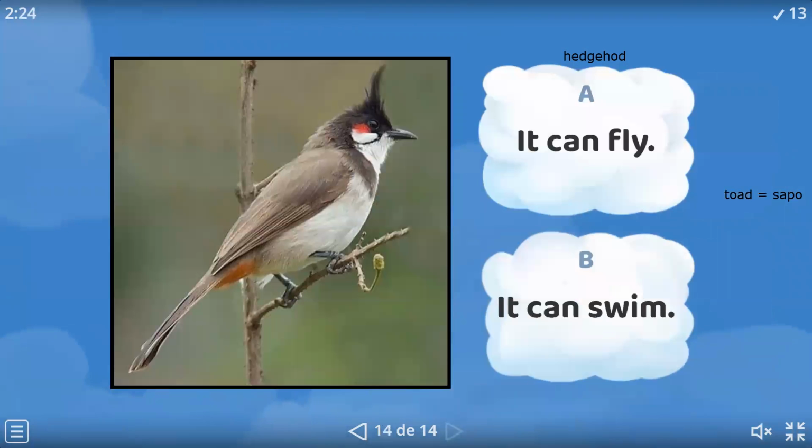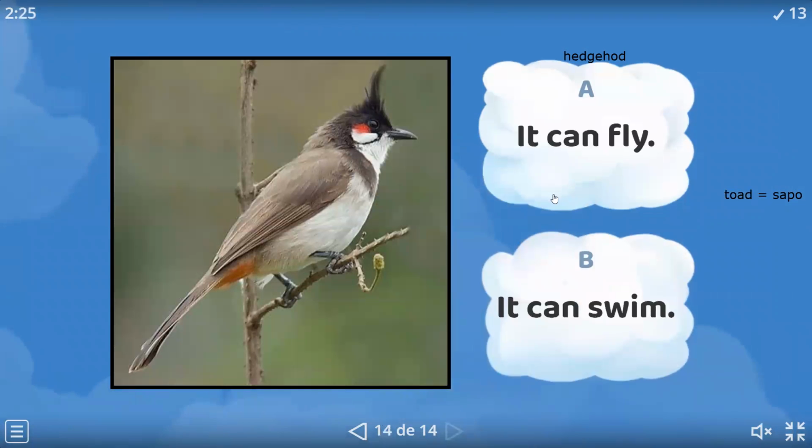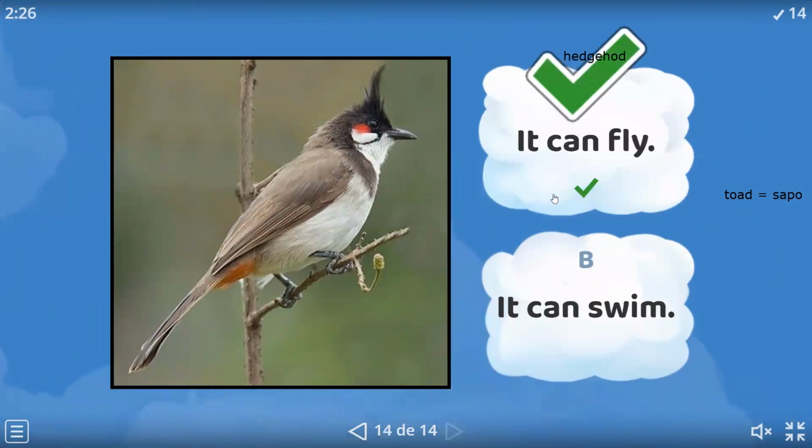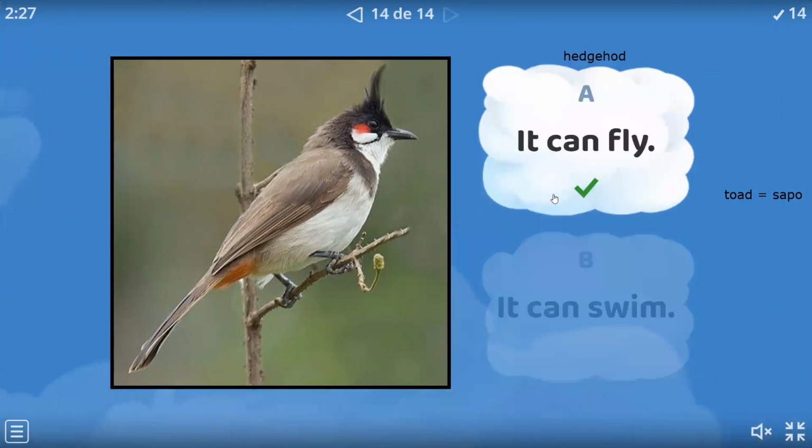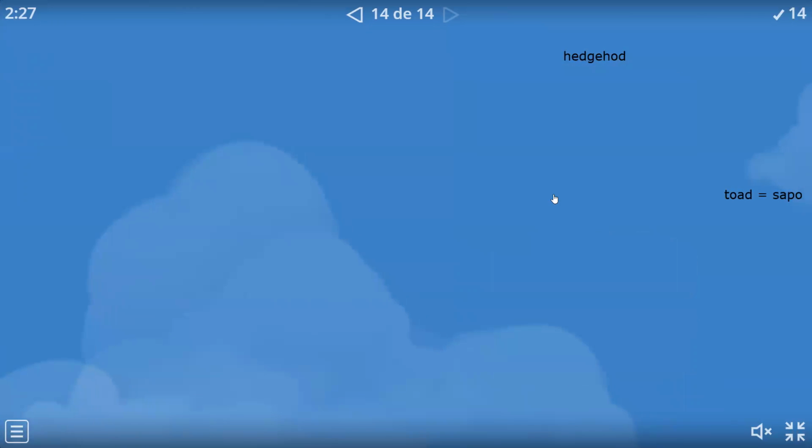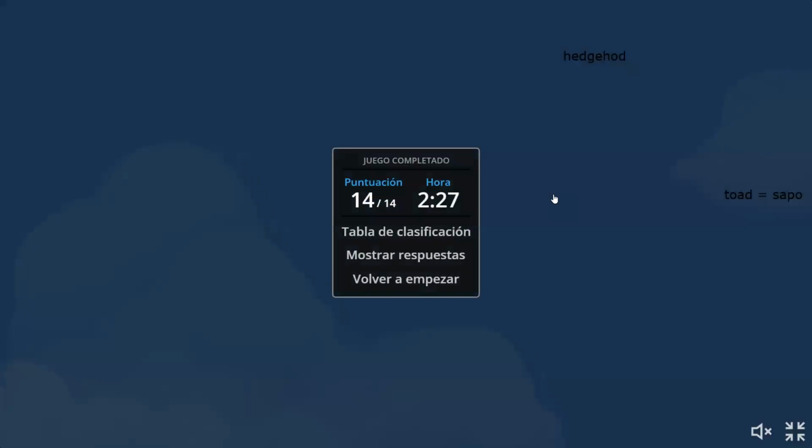It can fly. And this is a bird. It's a bird. Like general, it's a bird. Carpintero. Oh, yeah, that would probably be. I think. Or no. I don't know.